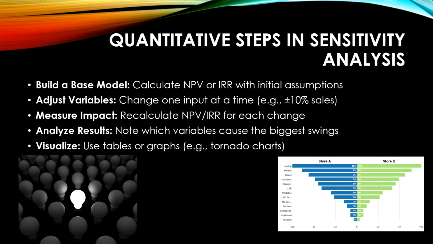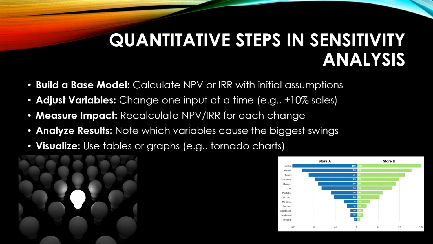You don't want to do more than one because then we don't know which one's going to change, right? We've got to make sure that we know which one's affecting our numbers. So we do one at a time. So maybe sales drop 10%. Then we've got to recalculate. And then we track how much the output changes, spotting the most sensitive inputs.